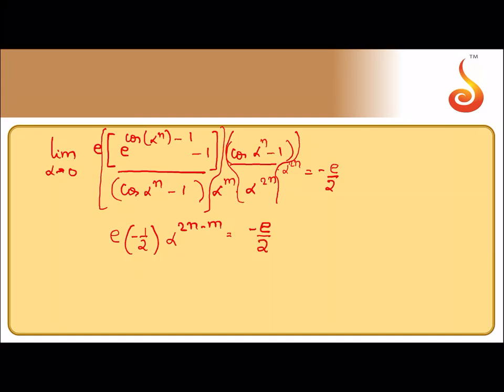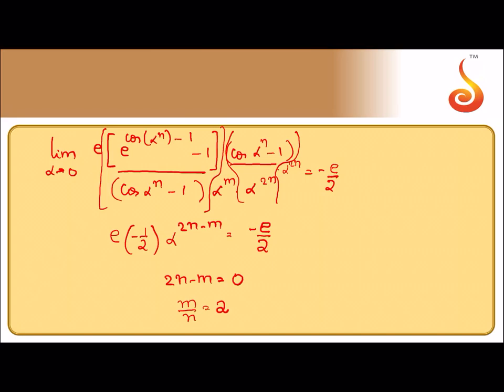So this will give you e and this will give you minus 1 by 2 because 1 minus cos x by x square is 1 by 2. Cos x minus 1 by x square will give you minus 1 by 2. And what is left over? Alpha to the power 2n minus m is equal to minus e by 2.